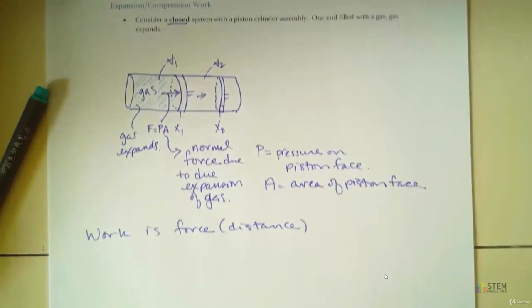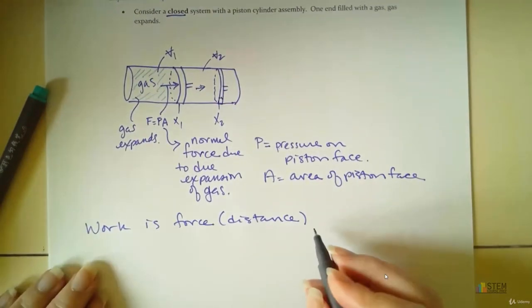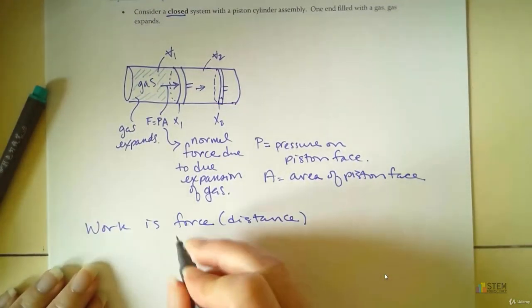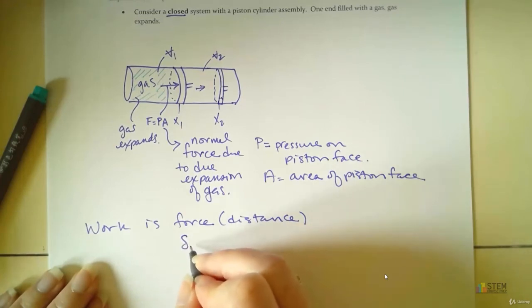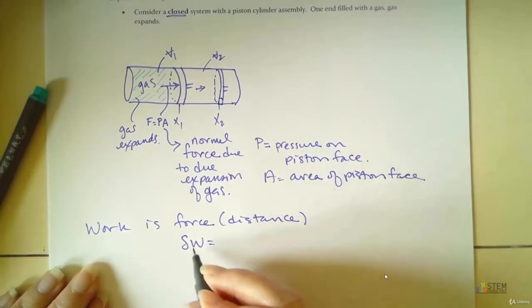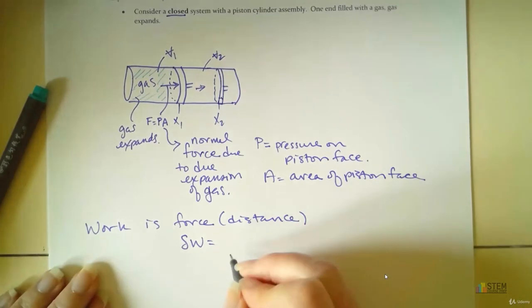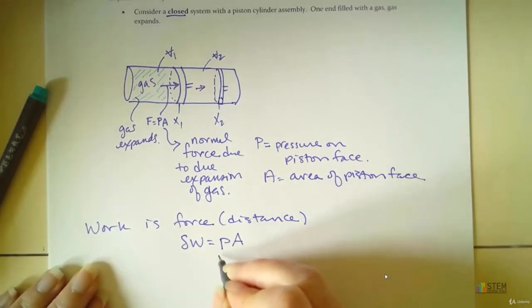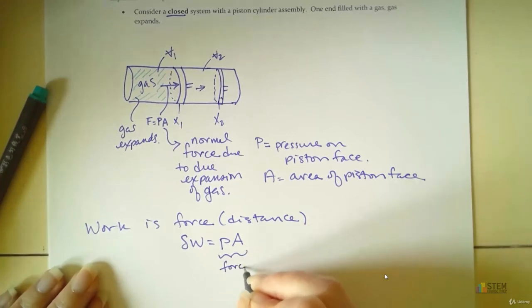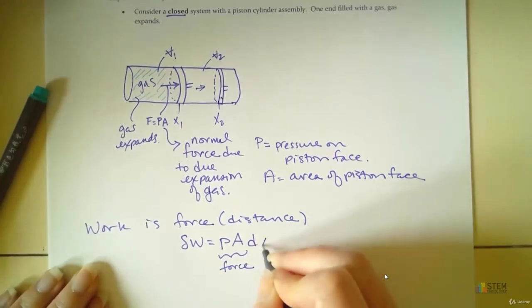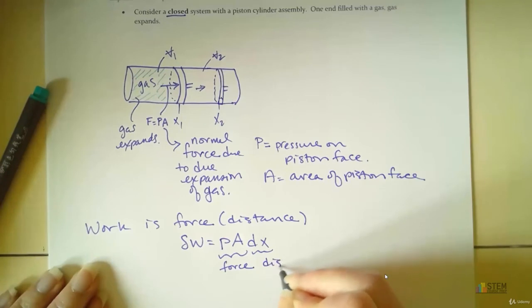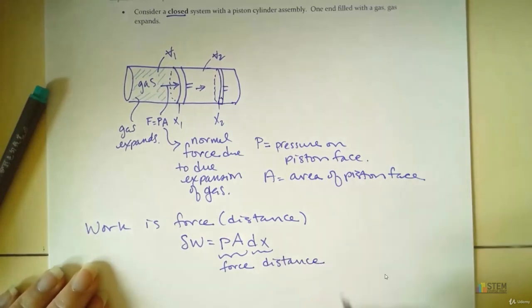Now the equation we're going to use is delta work equals P times A, so this is pressure times area, so this is force, times dx. So this will be distance.